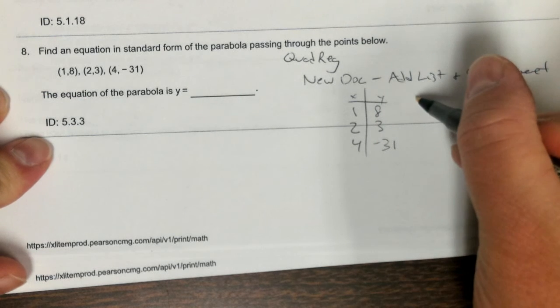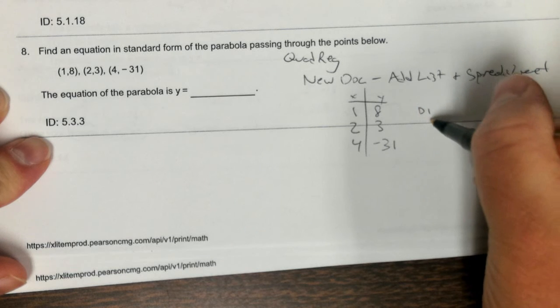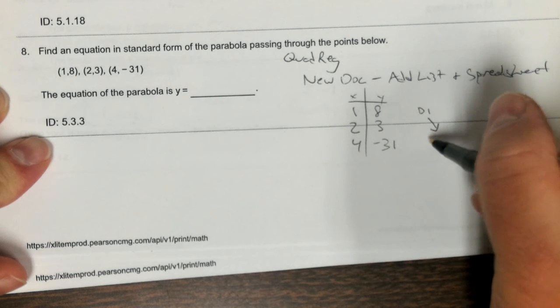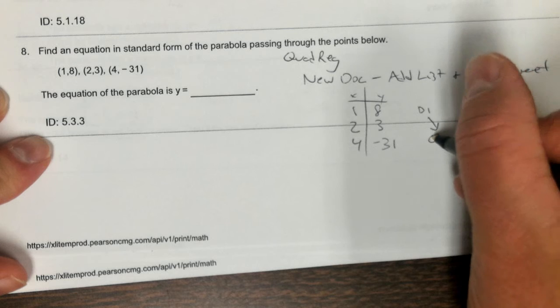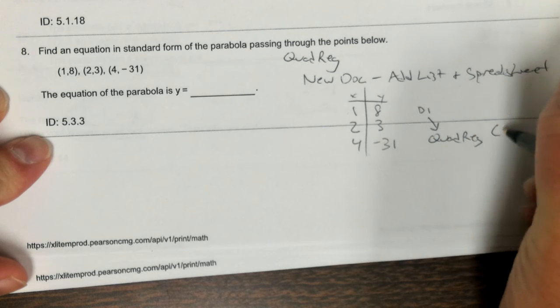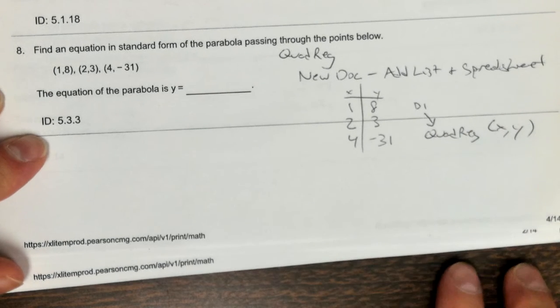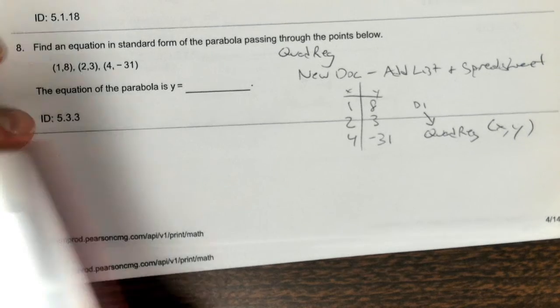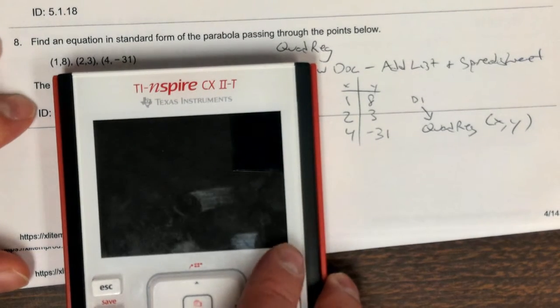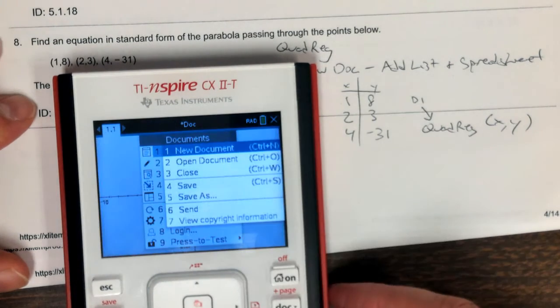And then over here in cell D1, you're going to do quadratic and choose X and Y. Okay, so once again, stuff we've done before.